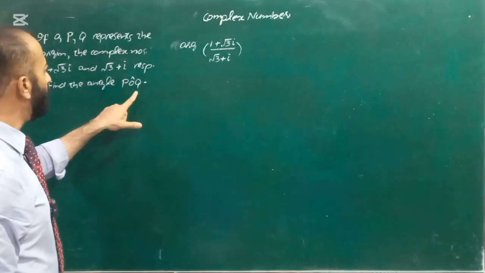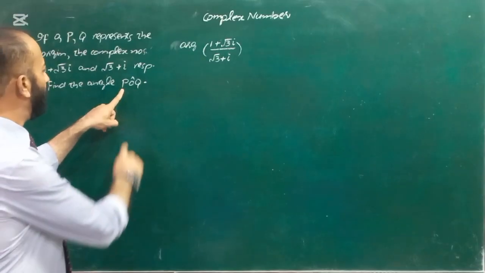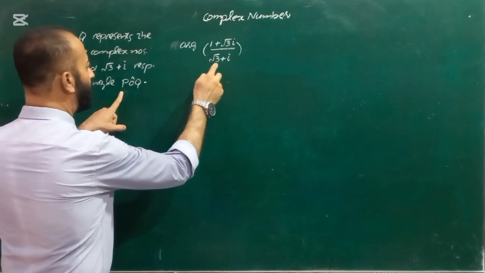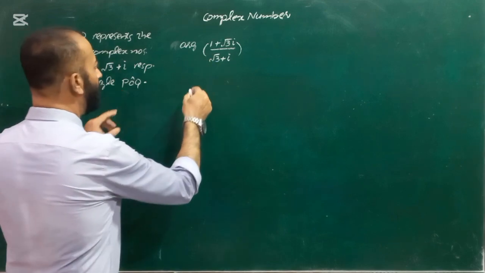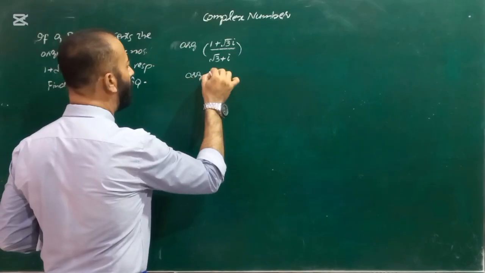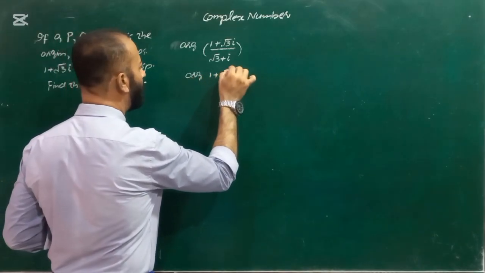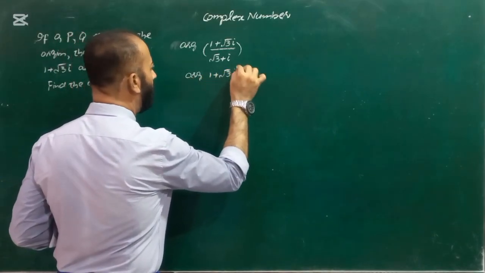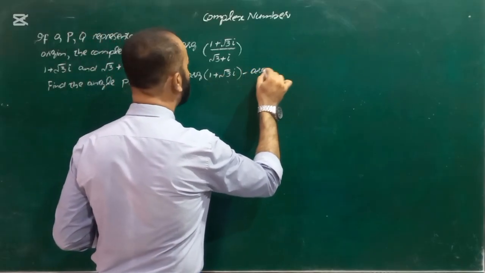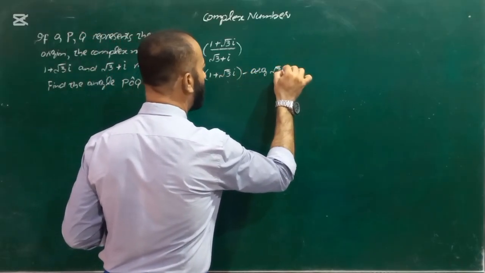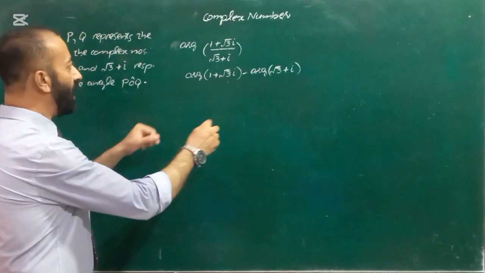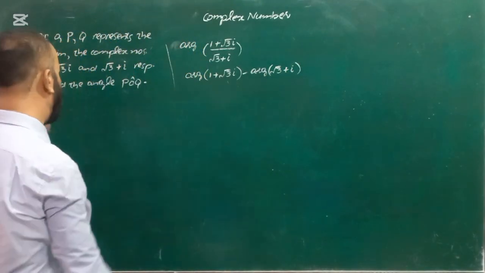Whenever P or Q is required, the first complex number will be written in the numerator and the second in the denominator. So actually we are required to find the argument of 1 plus square root 3 iota minus the argument of square root 3 plus iota. So actually this is required. So now we have to compute the values and then we will put the values into it.